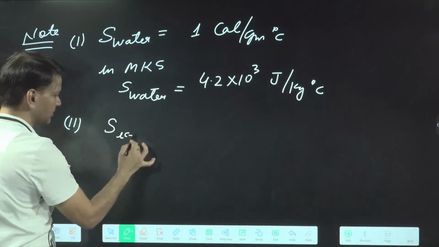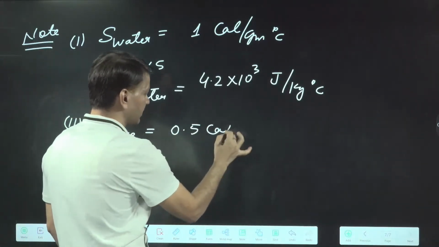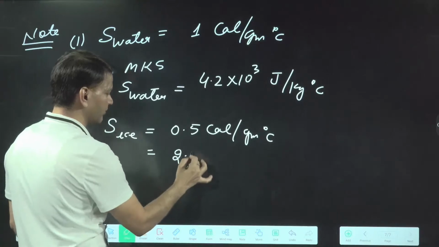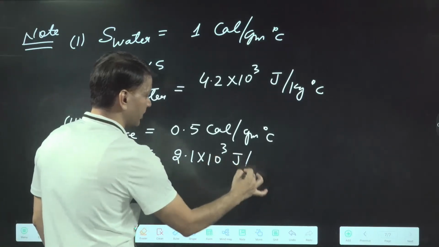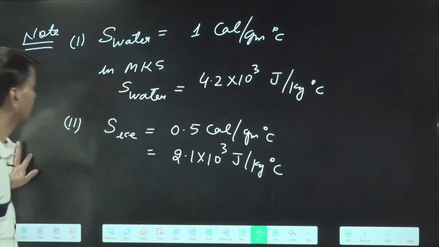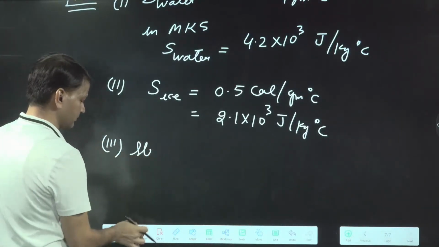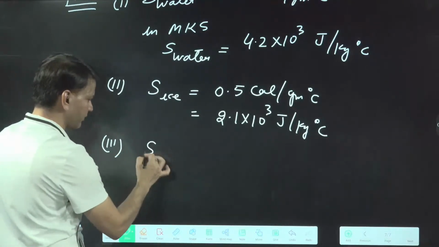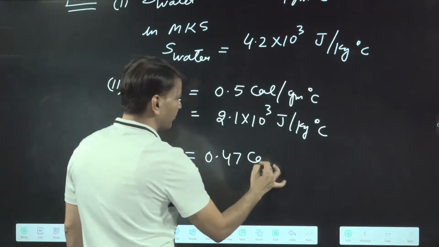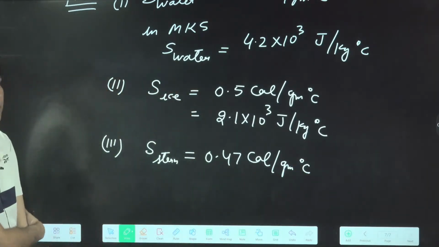Specific heat of ice is 0.5 calorie per gram per degree C, or we can write it as 2.1 into 10 to the power 3 joule per kg per degree C. And the third one is the S of steam, that is 0.47, but in numerical problems most of the time we take it as 0.5.